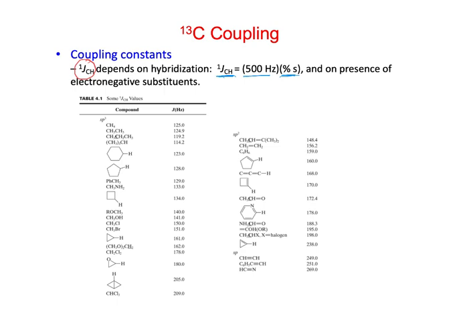So for example, if we have an sp3 hybridized carbon, then our one bond carbon-hydrogen coupling would be 500 times 0.25, and so it comes out to be about 125 hertz.